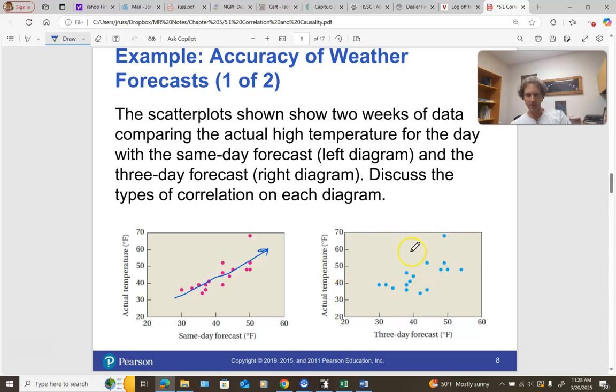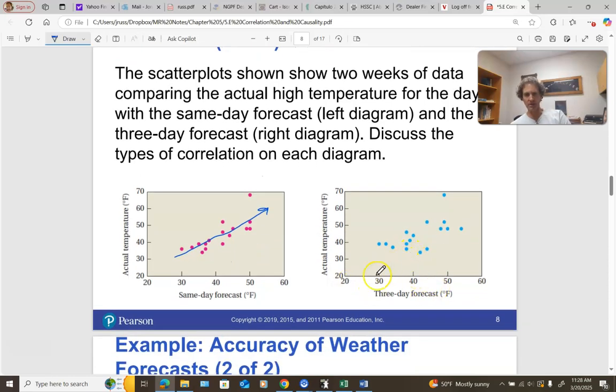So this second scatter plot, what we have on the horizontal axis is an actual forecast for the high temperature, but it's made 3 days in advance, okay? So this would be similar to, like, if today is Thursday, me looking to see what the high temperature forecast is going to be for Sunday. And then what we have on this vertical axis is the actual high temperature for that forecasted day.